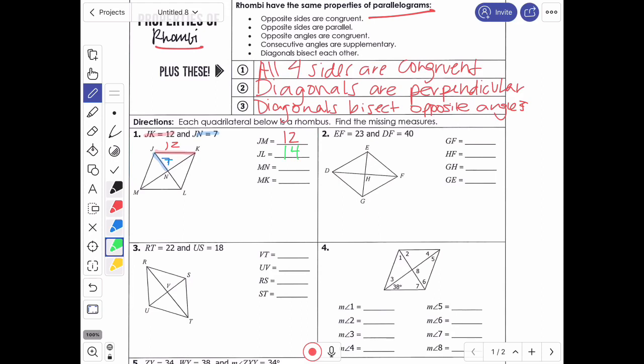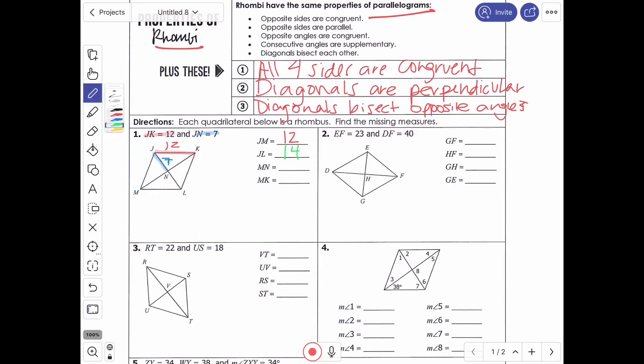Next thing I need is MN. So again, we have a part of a diagonal. So MN is here. And we know that all 4 sides are congruent. So this would also be 12.